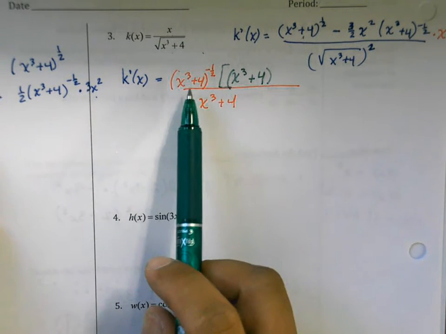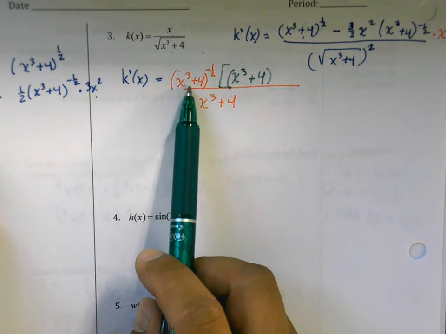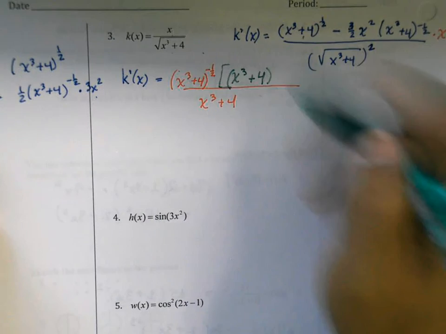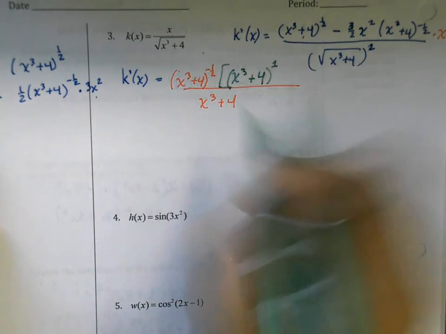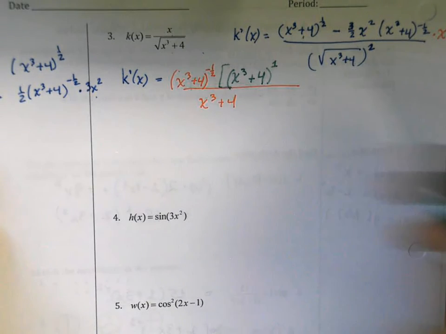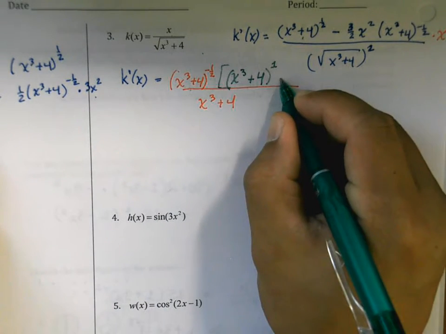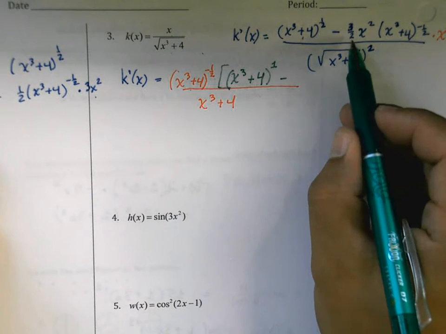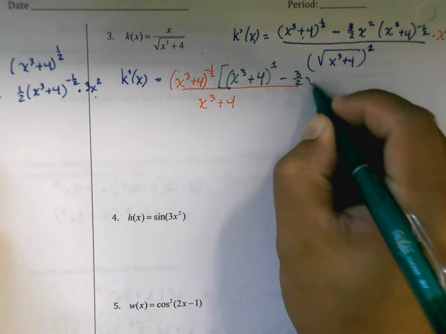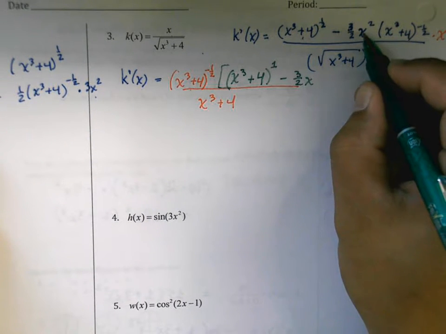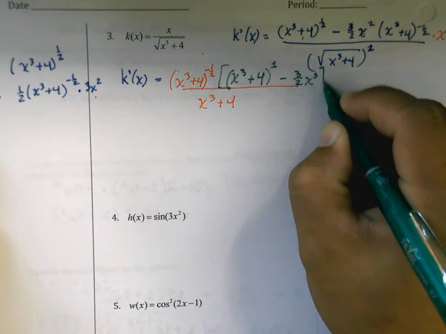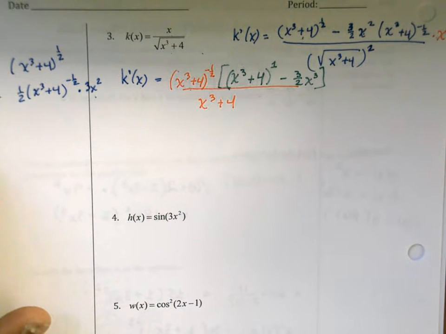You can think of it this way: if you were to redistribute, you take this (x cubed plus 4) to the negative 1/2 times this entire term. This is really (x cubed plus 4) to the 1. If you were to redistribute, you would in fact get (x cubed plus 4) to the positive 1/2, minus 3/2 x cubed, because you have an x squared and an x here.